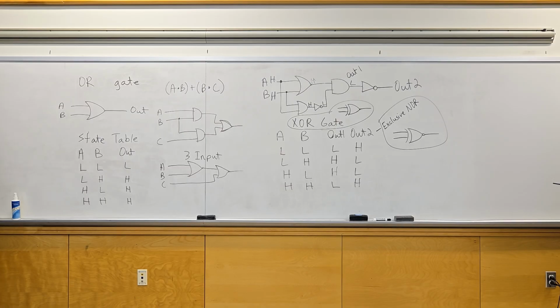The exclusive NOR you have to create. They do not make, in the 7400 series, exclusive NOR gates in a package. They don't exist. You have to make them like this, or there's another way that I'll show you later when we get into NAND and NOR gates.